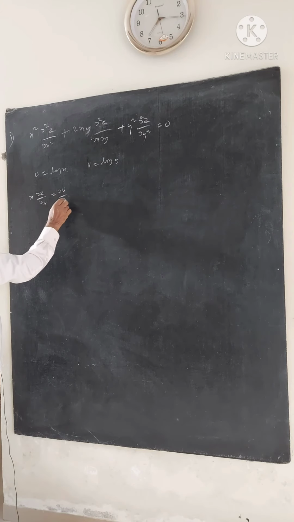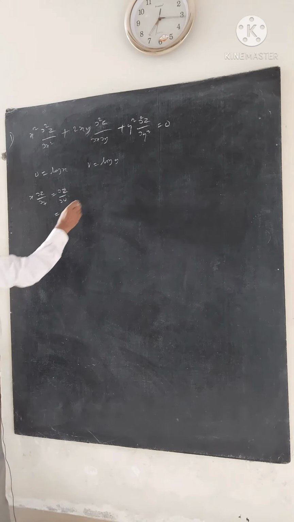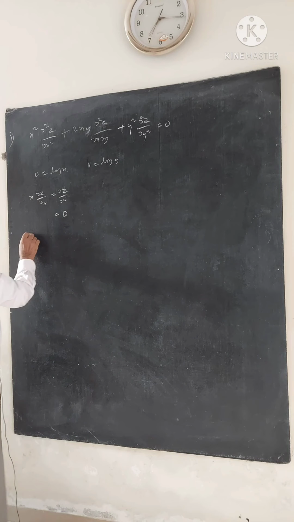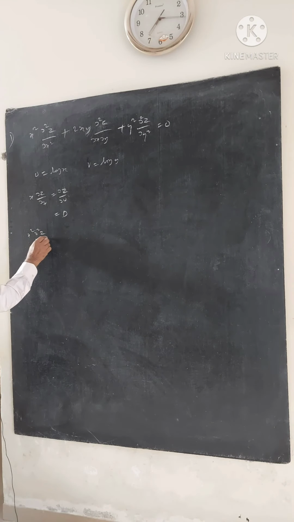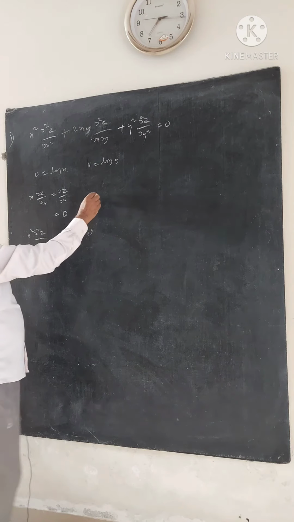x ∂z/∂x = ∂z/∂u, which is D. x² ∂²z/∂x² = D(D − 1), as we have seen already.